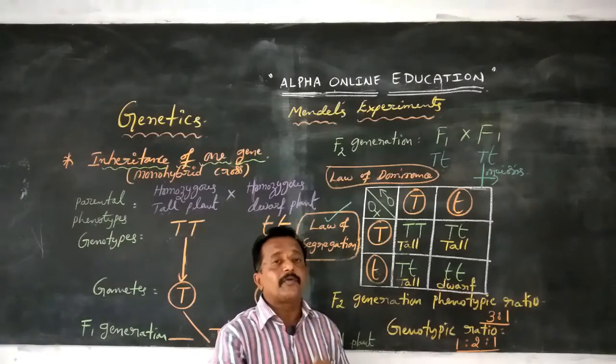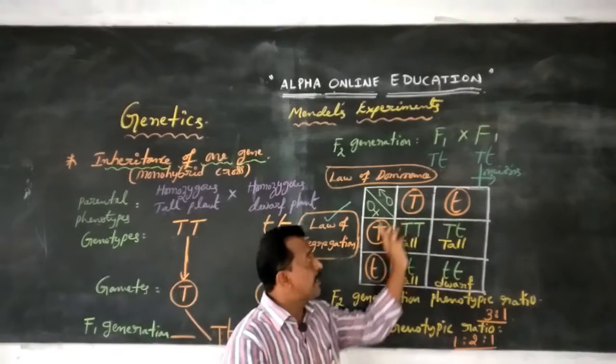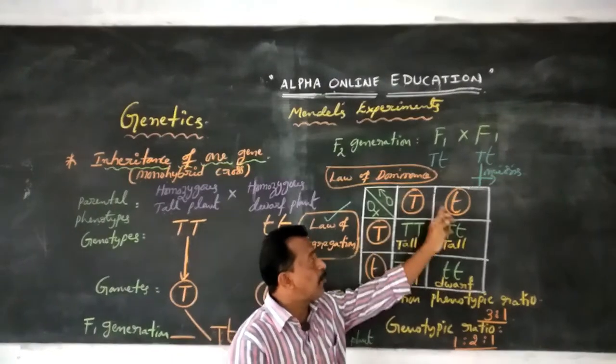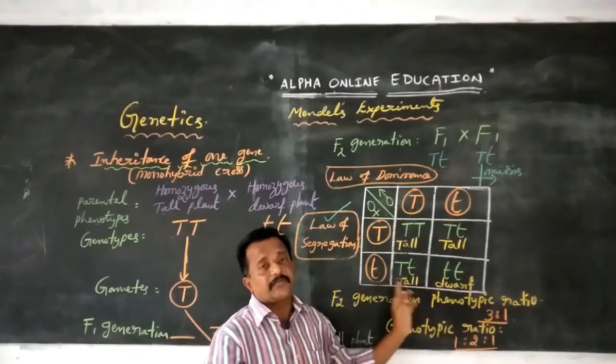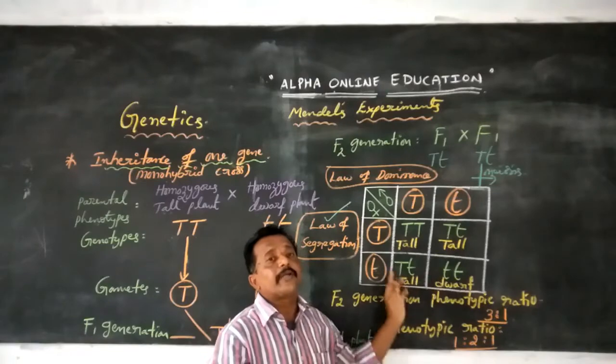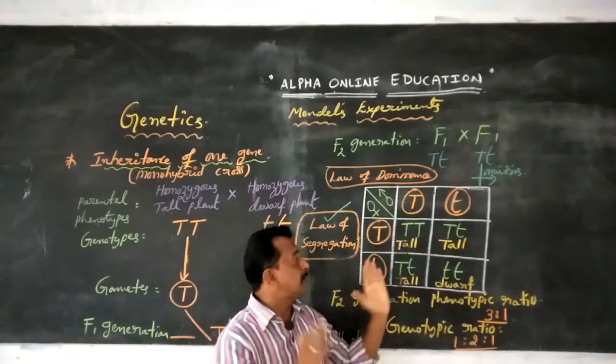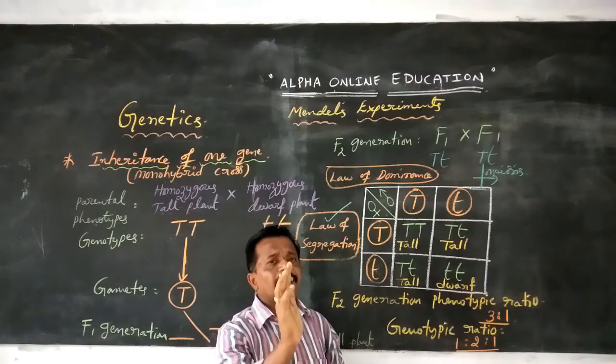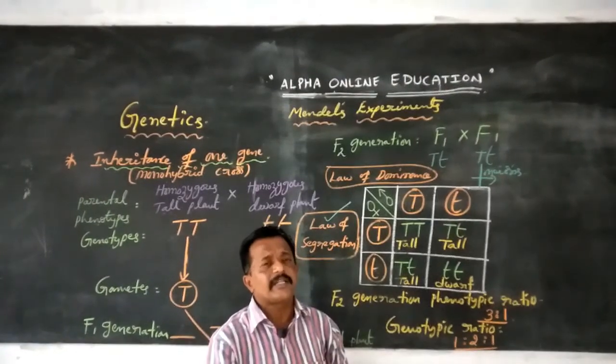With the help of the Punnett square, given by the scientist Punnett, we can clearly understand the F2 generation.